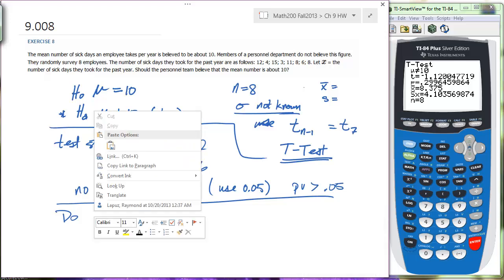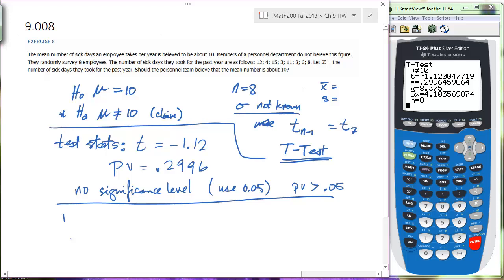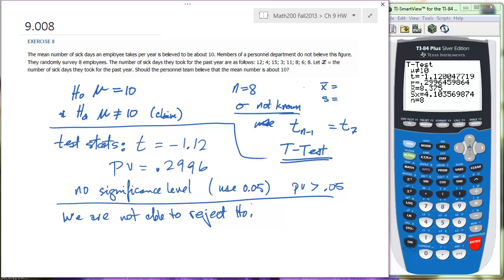Let's just say we are not able to reject the null hypothesis, and so that's a hypothesis test statement of our conclusion, but we actually wanted to make our own conclusion, and try to make it in non-technical terms.